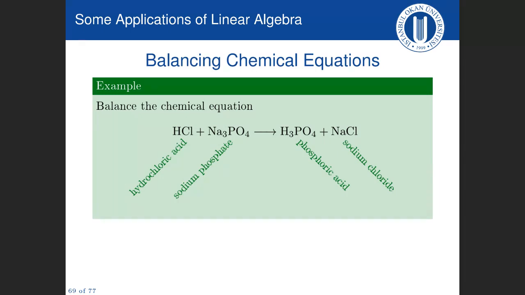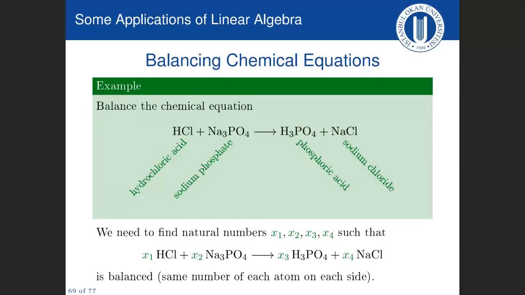Linear algebra, and particularly linear systems, are also used in chemistry for balancing chemical equations. For example, balance this chemical equation. We have hydrochloric acid plus sodium phosphate gives us phosphoric acid and sodium chloride, which is salt.